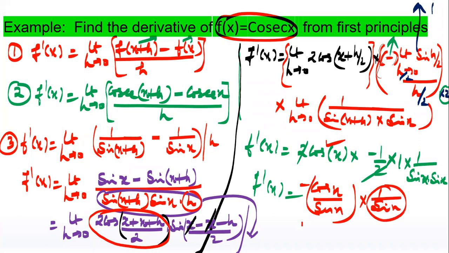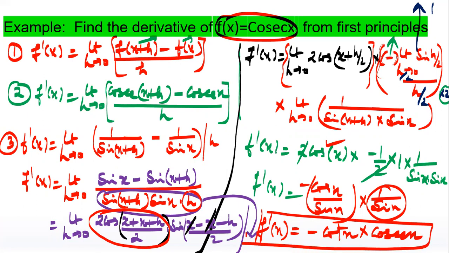That is minus cot x into cosec x. So if f(x) is cosec x, its derivative is minus cosec x into cot x, and these are the steps to find out its derivative using first principle.